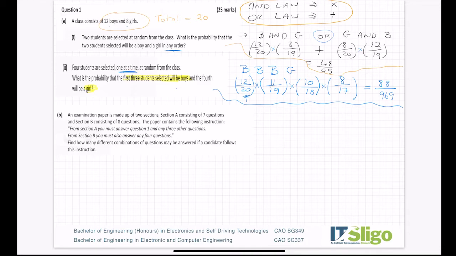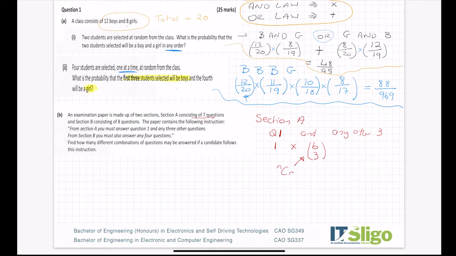So let's look at section A. In section A, I have only one choice for the first question. I must answer question 1, and then I can pick any other 3 from the remaining questions. So I have only one option for question 1, and then out of the remaining 6 questions, I can pick any 3. Remember that is an nCr on your calculator.